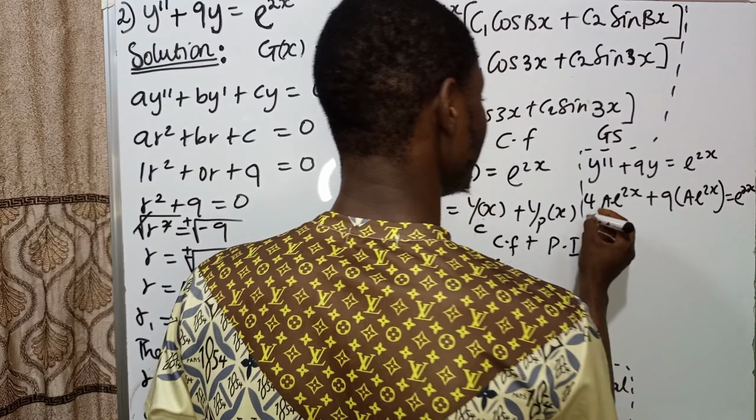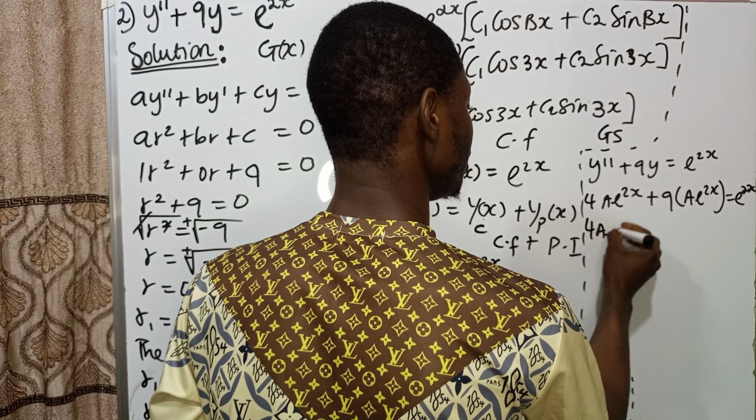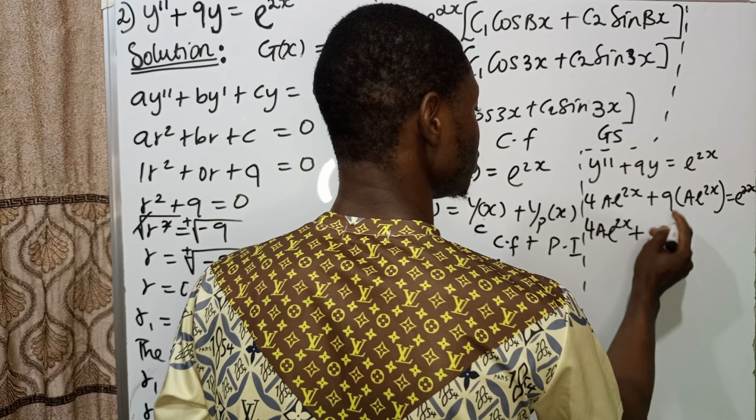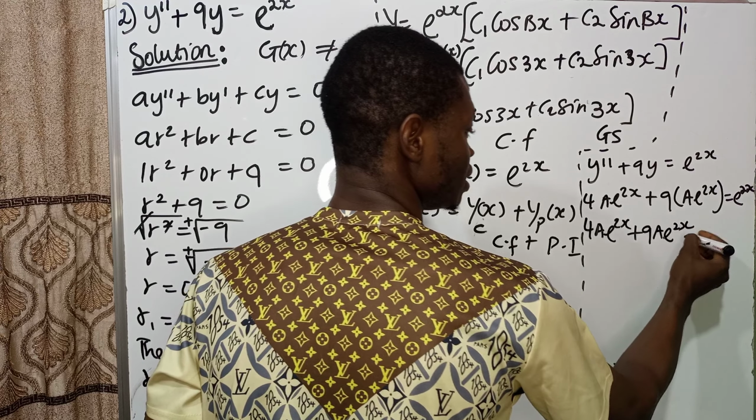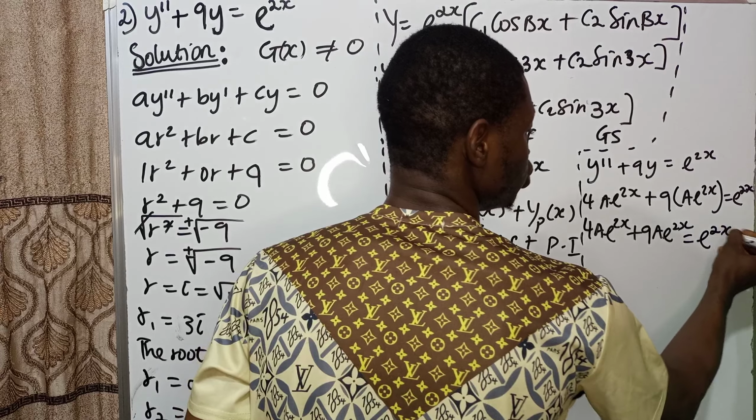So we have 4a e^(2x) + 9a e^(2x) = e^(2x).